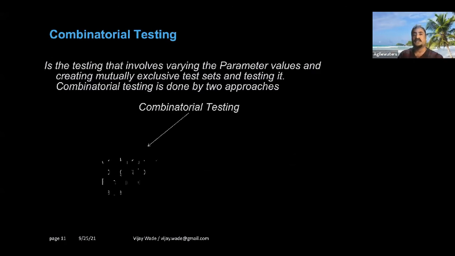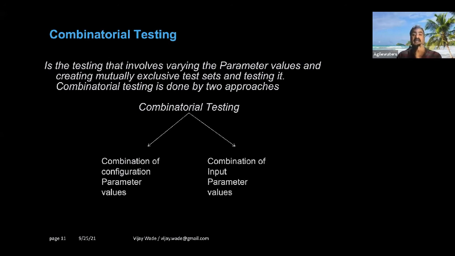So what is combinatorial testing? It is a combination of configuration parameter values and a combination of input parameter values. What is the difference? Configuration parameters: how would you configure a system?